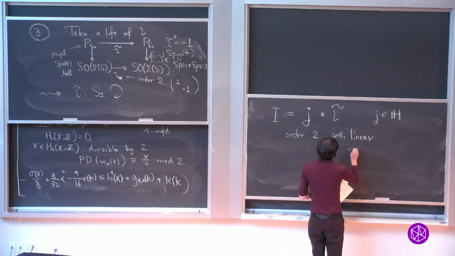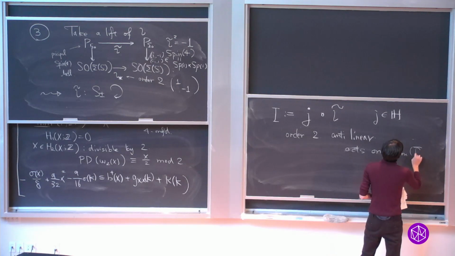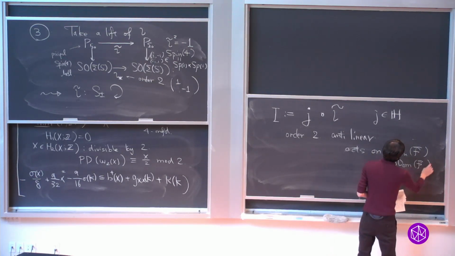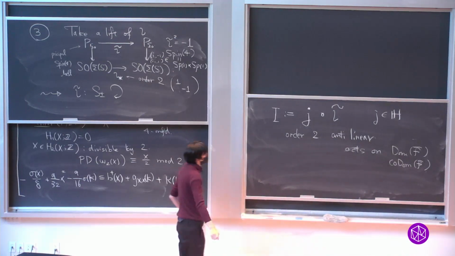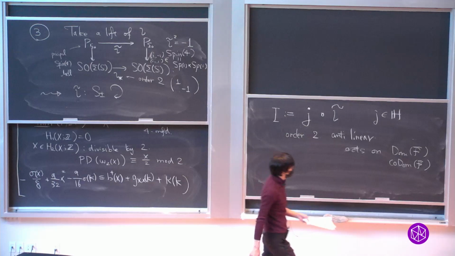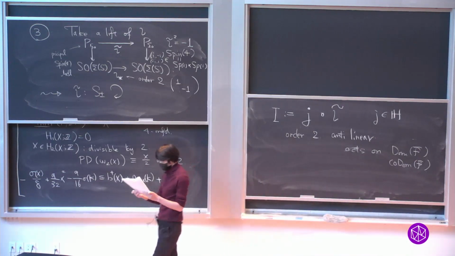So this also acts on the domain and codomain of F, naturally. And since it commutes with the Clifford multiplication and Dirac operator, and acts on the gauge group, this naturally acts on the setting of the Seiberg-Witten equation.